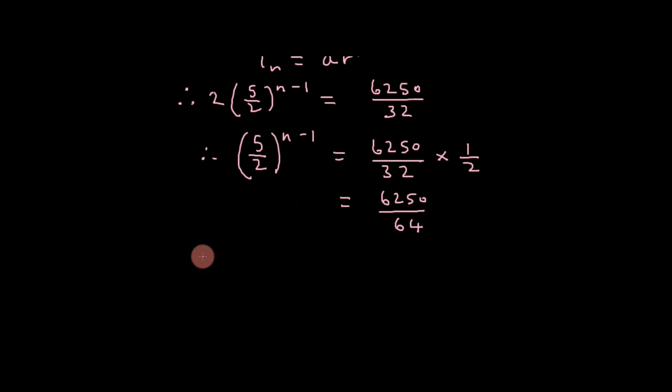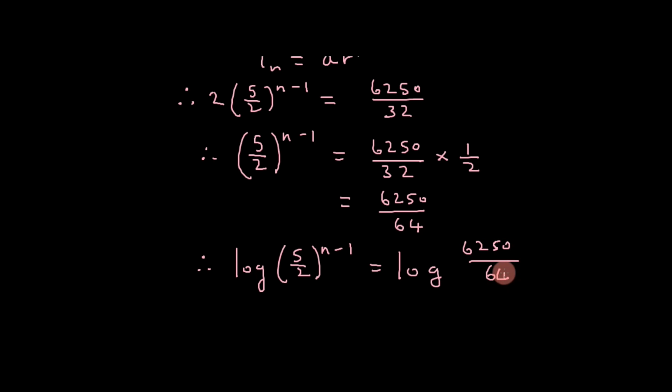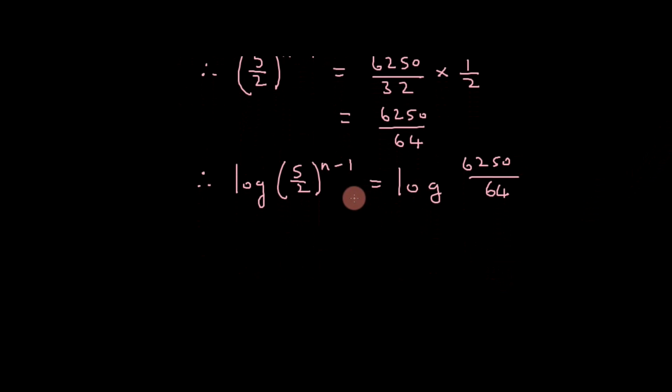Now we can take the log on both sides. So the log of 5 over 2 to the n minus 1 equals the log of the right-hand side. We can use a log rule and write n minus 1 in front of the log on the left-hand side.